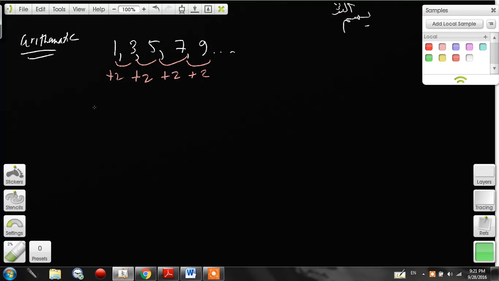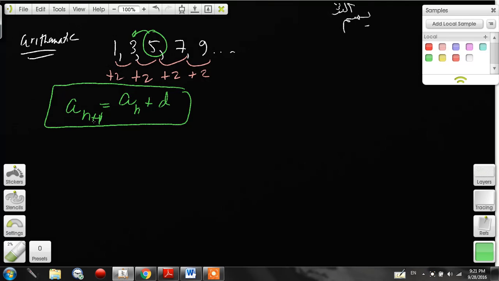What you have to know about the arithmetic sequence is, to get the term that's coming, the term n plus 1, you take the term and add the difference to it. That's one thing you have to know.